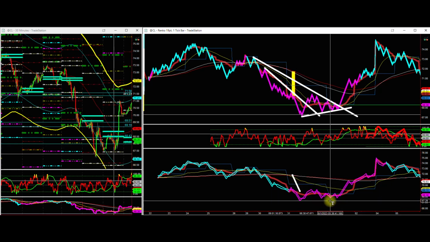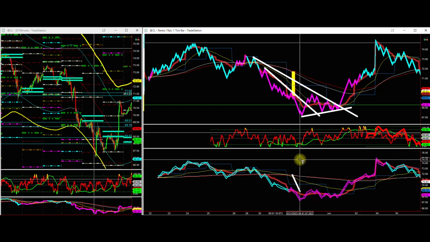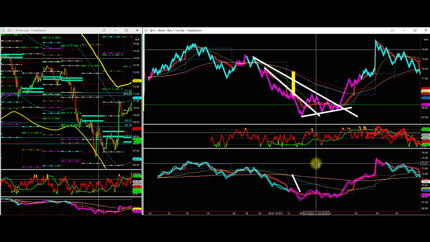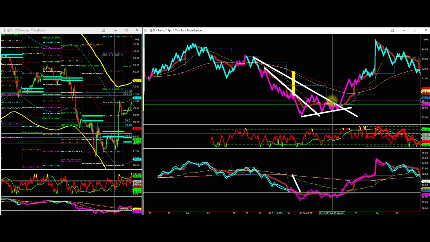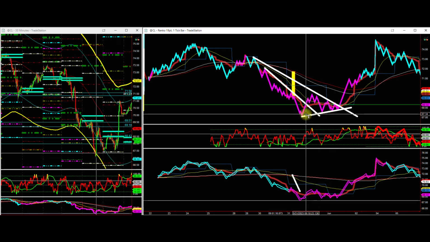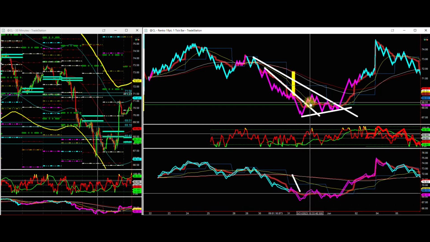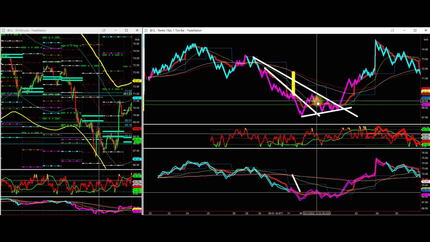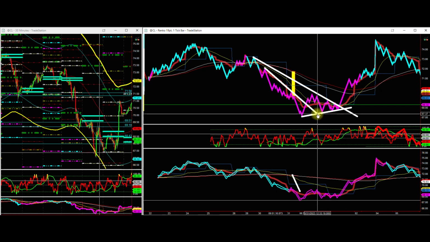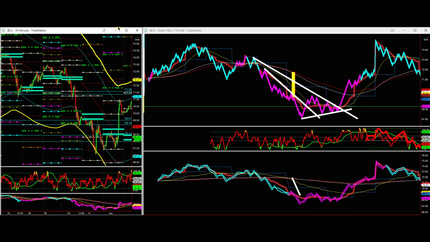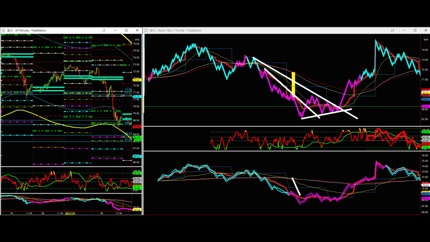So this trend line break happened. Oscillator was saying we want to go up, let it break and go up. It came back. Now this is part of the banking bars.